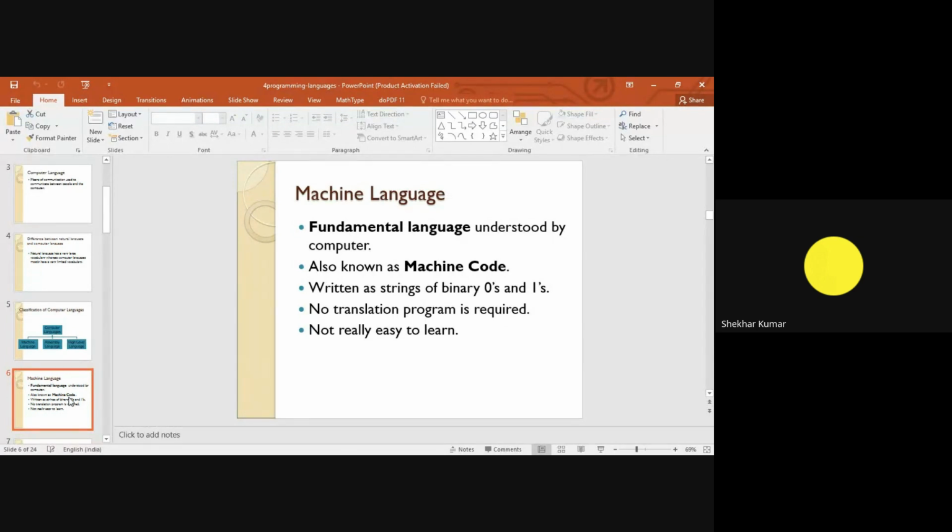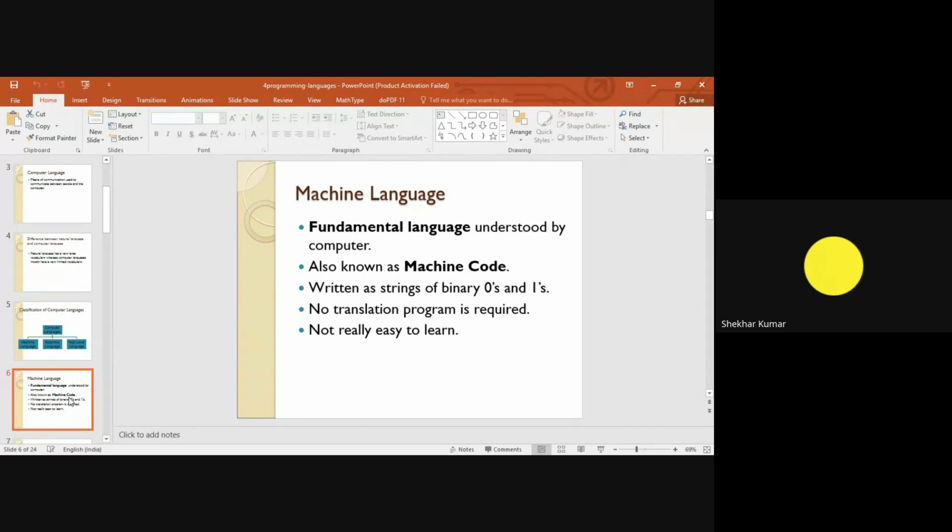So the computer system only understands binary representation. All the instructions fed into the computer system must be in the form of 0s and 1s. So this language is understood by the computer system. Machine level language is very tough for humans to understand.